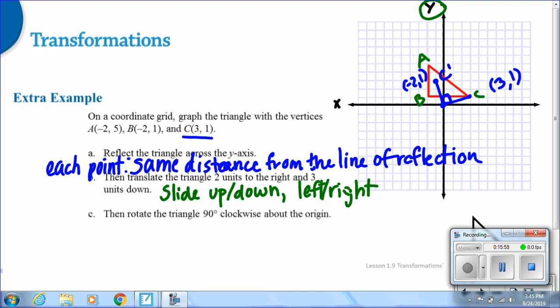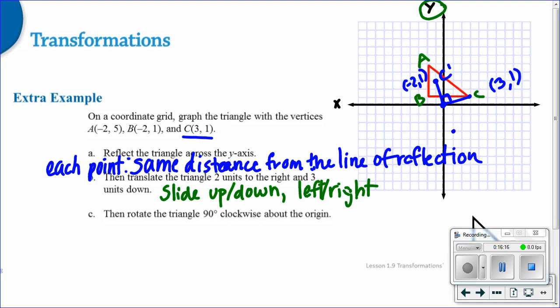When I turn that around the origin, this was clockwise, 90 degrees. Oh, still going the wrong way. Let's try this again. See, I told you, rotations are hard for me. So if they're hard for you, don't worry, you might be better at them than I am.